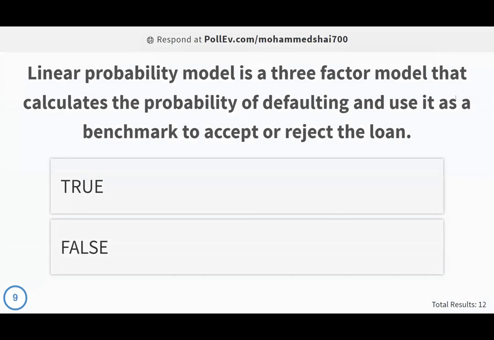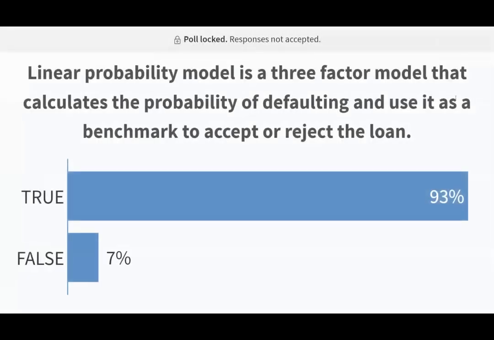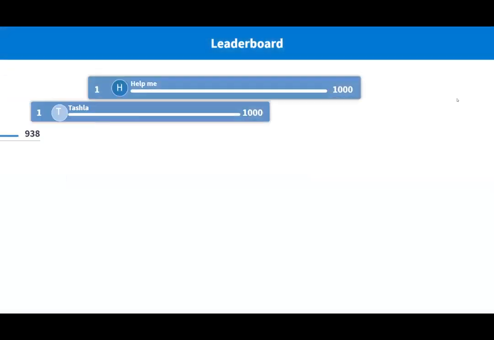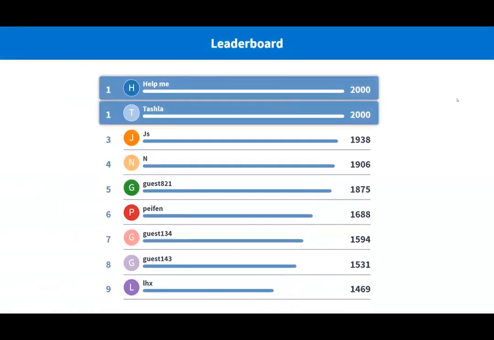Is it 3? It is 3. Altman is 5. Linear probability is 3.